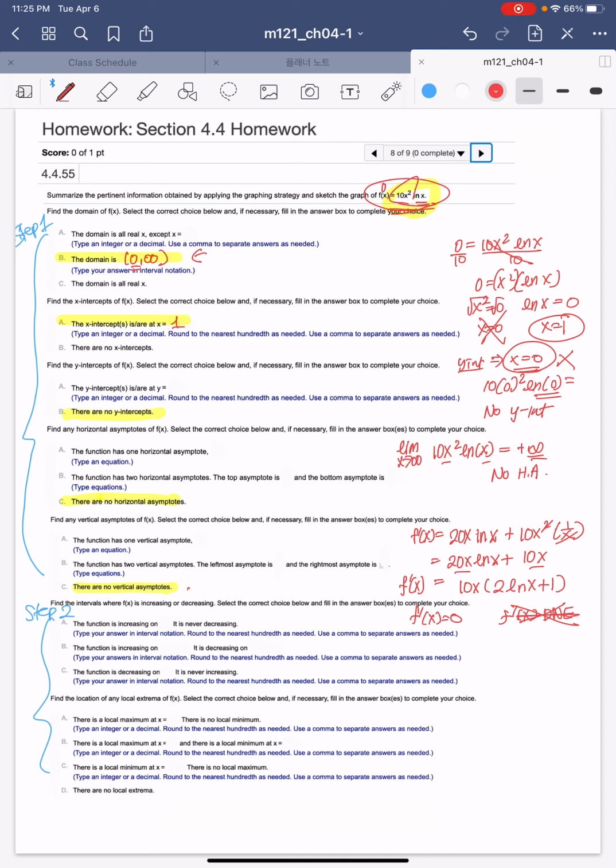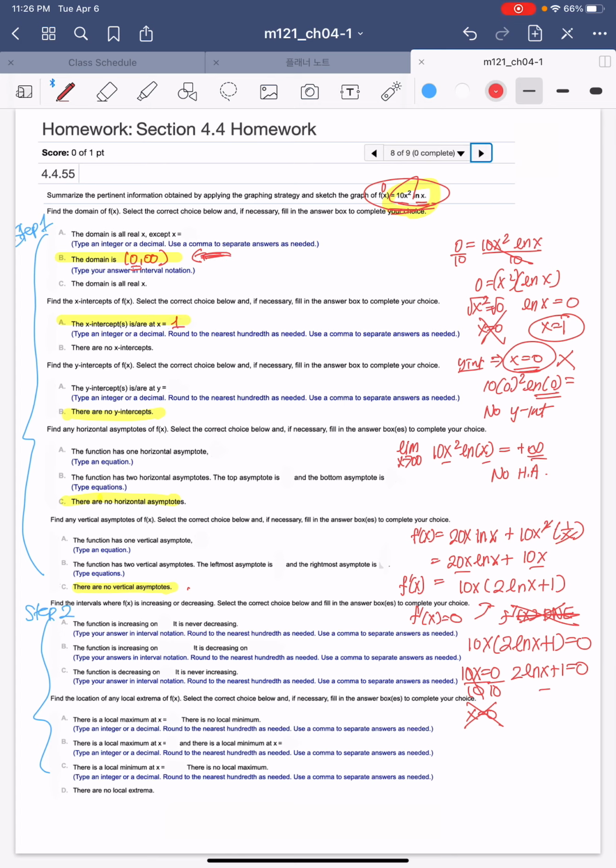If I set this equal to 0, I'm going to have 10x times 2 ln x plus 1 equal to 0. By zero product property, 10x equals 0, 2 ln x plus 1 equals 0. Again, same issue: we do have a number, but 0 is not included in the domain, so we don't include it.